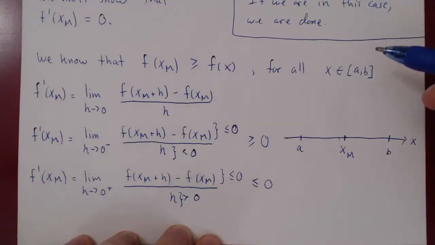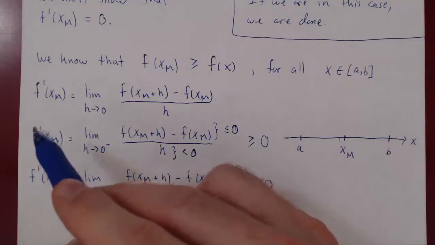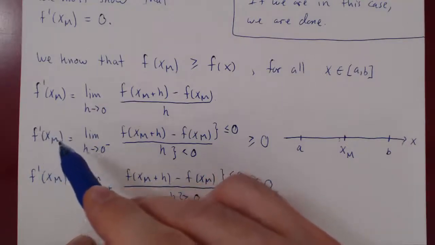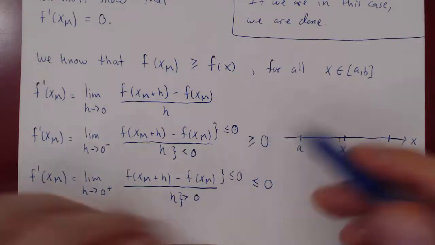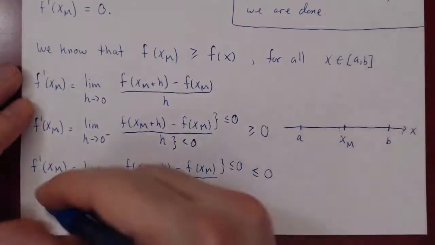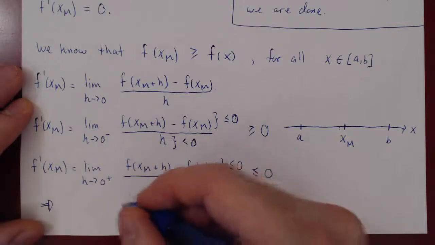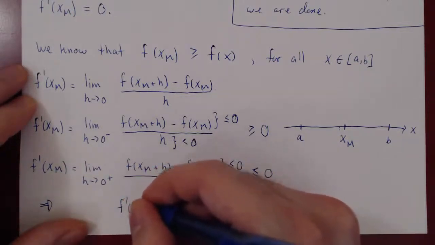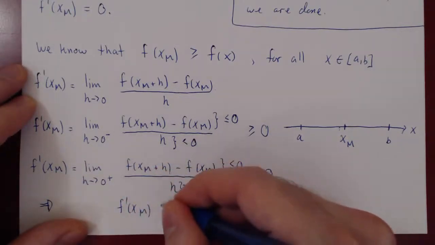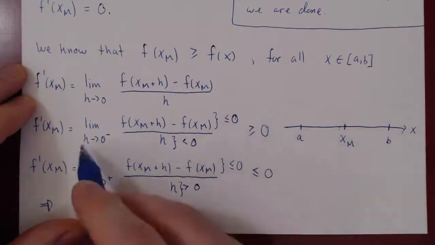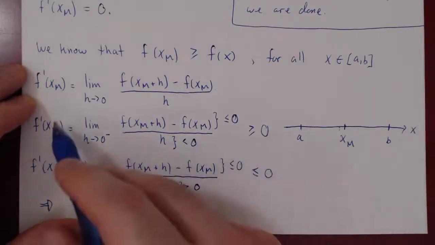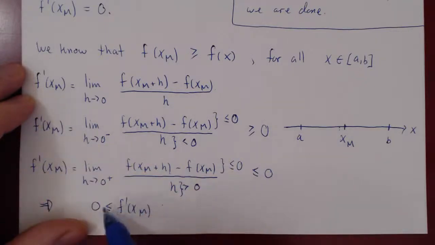And why is this interesting? Well, look at this. From the limit from the left, the derivative at xm is at least as big as 0.